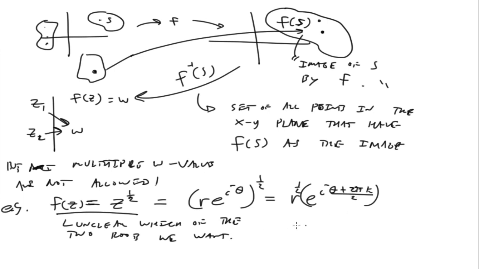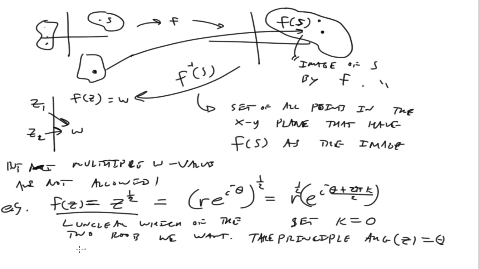But we can say that we're going to set k equal to 0. All right, and that's saying basically we're going to take the principal value, or take the principal argument of z to be equal to theta.